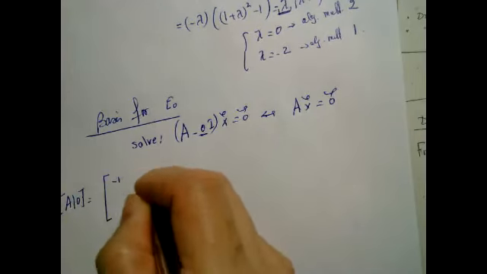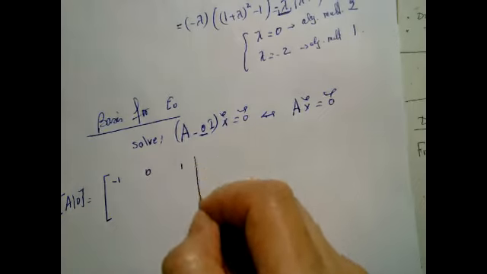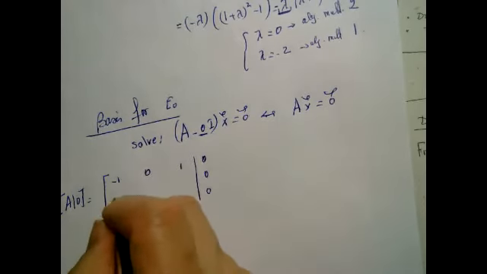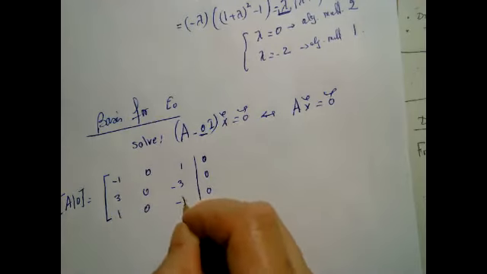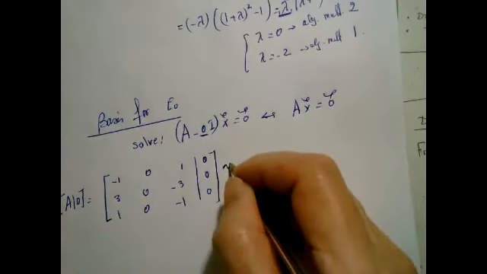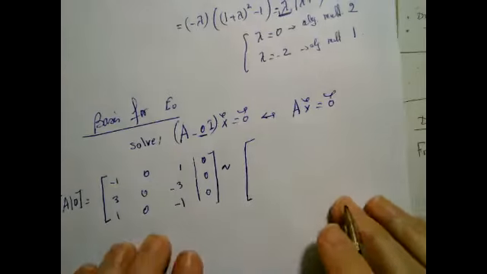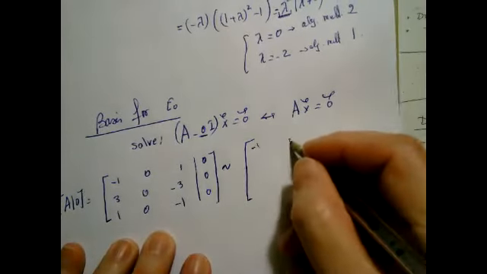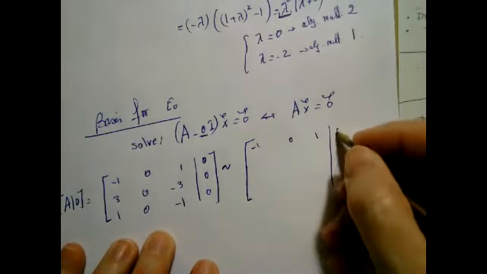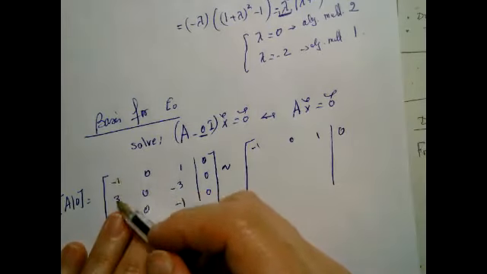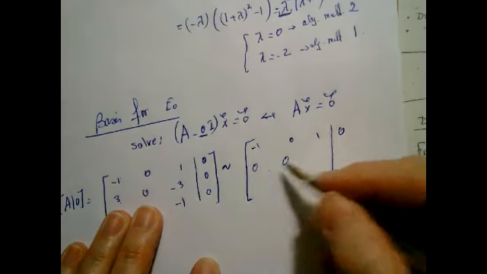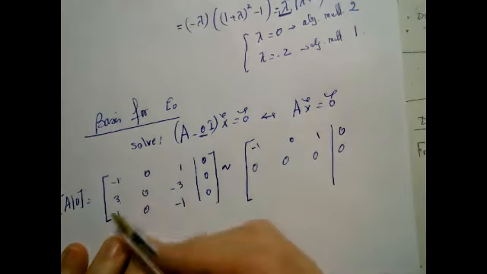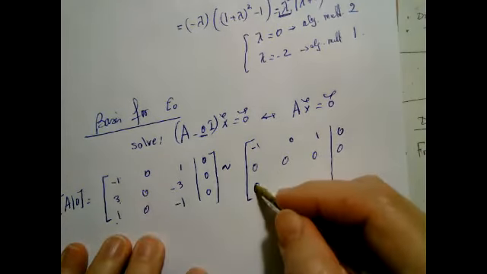It's minus 1, 0, 1, and that's a 0, 0, 0, 3, 0, minus 3, 1, 0, minus 1. Okay, let us do that. So minus 1, 0, 1. I multiply by 3. Minus 3 plus 3 is 0, 0, 0. Minus 1 plus 1 is 0.